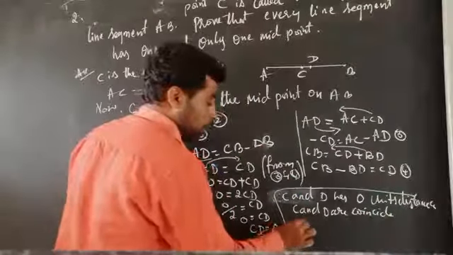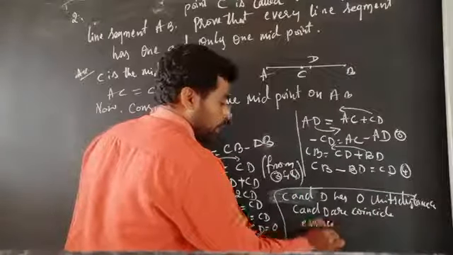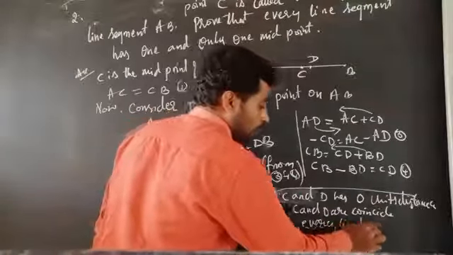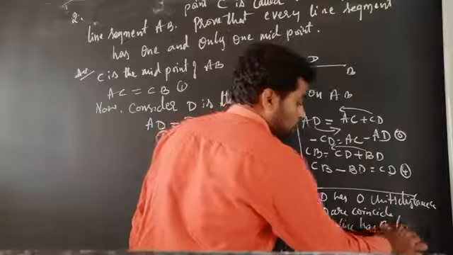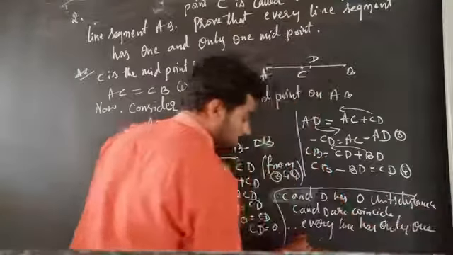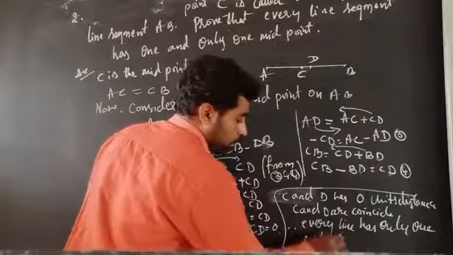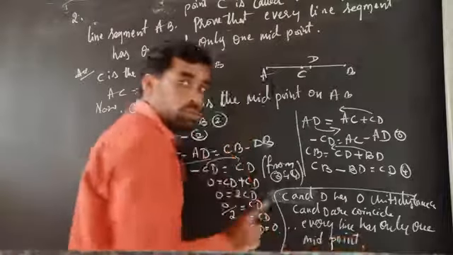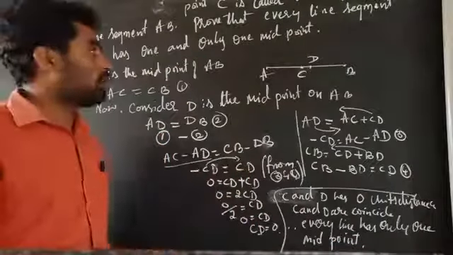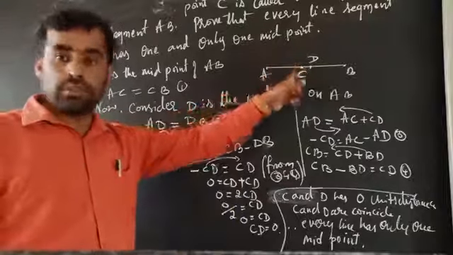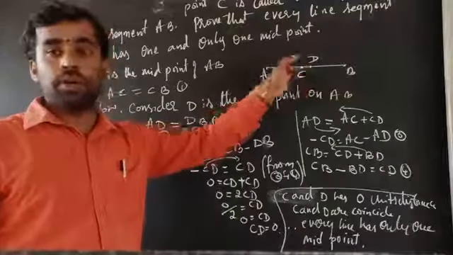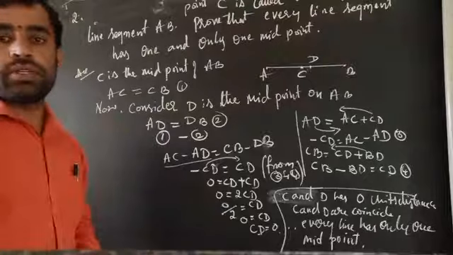Therefore, every line has only one midpoint. Every line has only one midpoint. Here also, therefore, C is the midpoint of AB. Is it clear, friends? Write down.